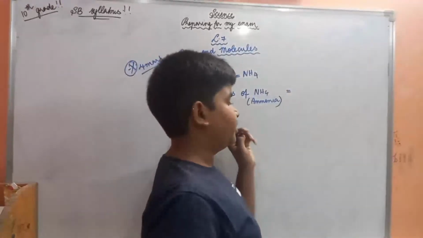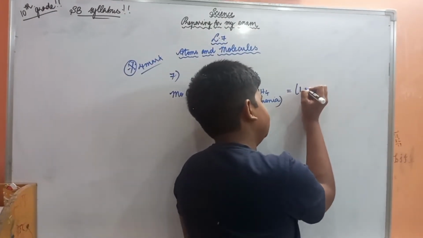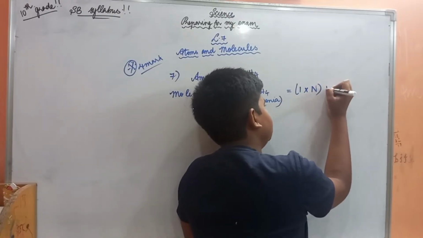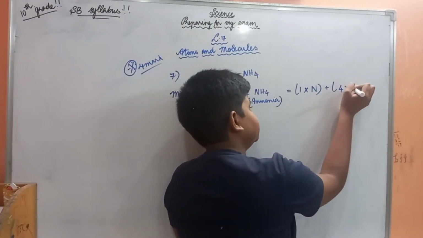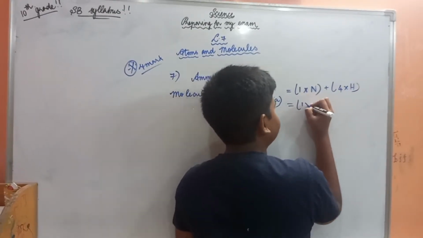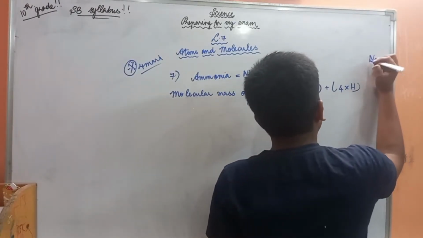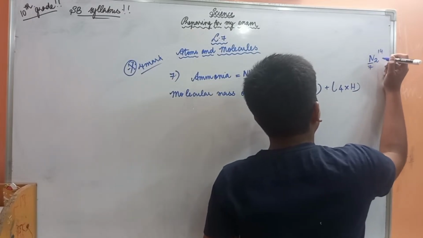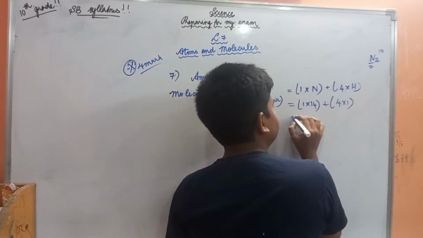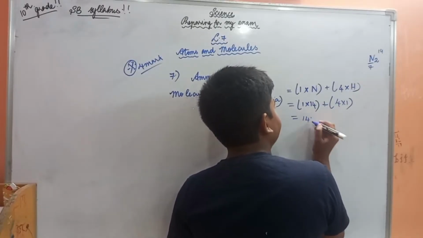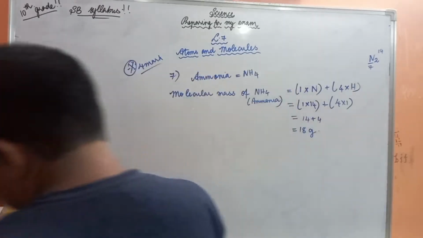N, how many atoms? 1 times N, plus 4 atoms of hydrogen times H. N is 14, so it's 14 plus 4 into 1, which is 18 gram.